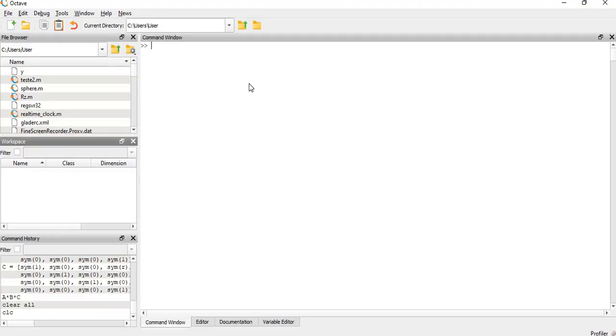Okay, I already have Octave open, and as in the last video, let's use the specific package which contains the libraries, so we can do operations with matrices.